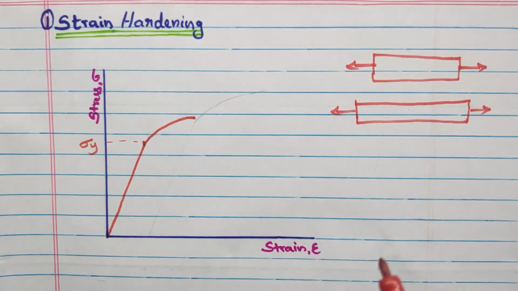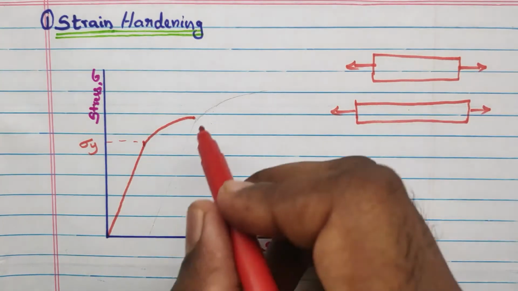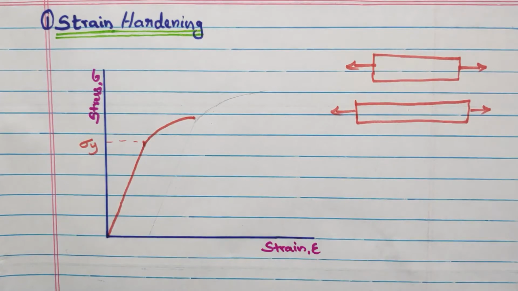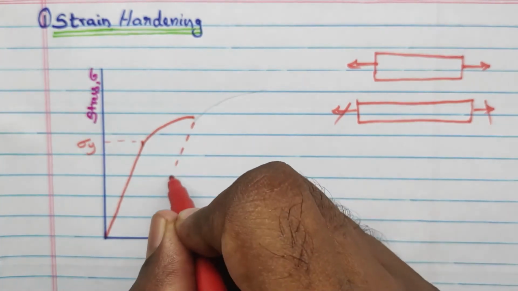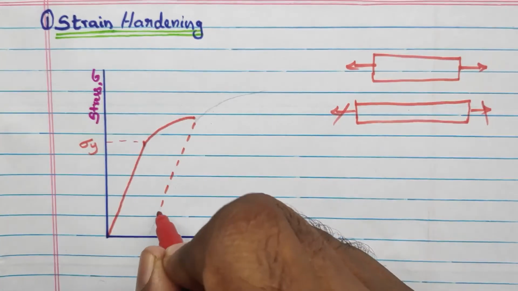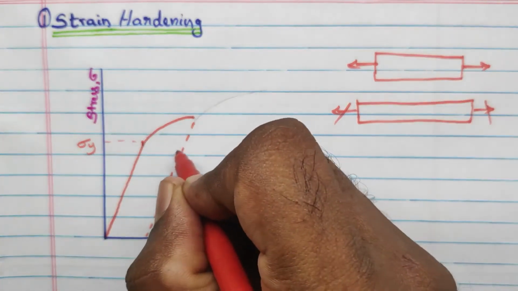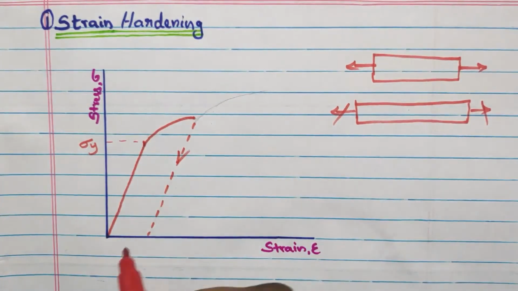Now with the plastic deformation, I am going to stop the experiment. I am going to unload, to release the load. So what happens? It traces a path. If you capture it in the stress strain diagram, it will capture the path in this manner when unloading.